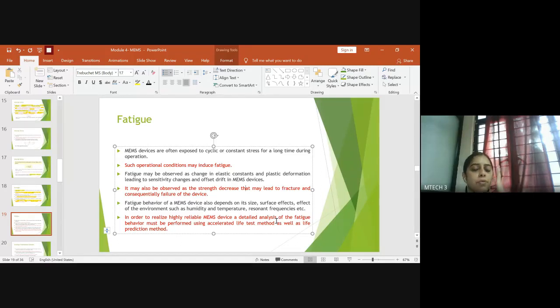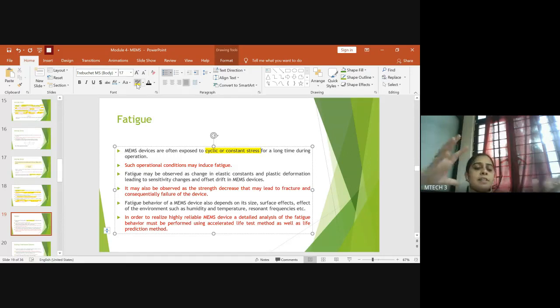This type of fatigue comes into picture in case of our MEMS device when we expose it to cyclic or constant stress. What do you mean by that? You're subjecting a continuous amount of stress into the body, or cyclic, where after every cycle the same thing is repeated.